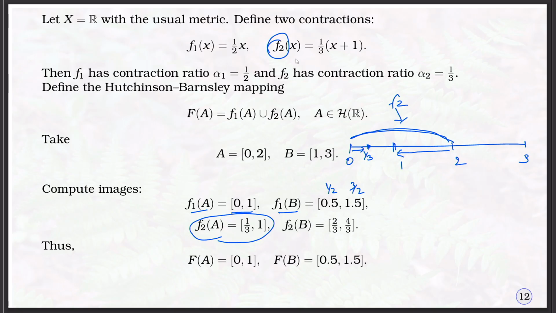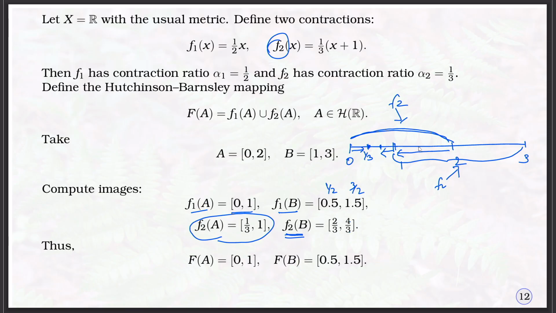Whereas, if you are applying the same mapping f2 on 1, 3, this interval, then f2 of B is 2 by 3 to 4 by 3. So, it maps the number 1 to 2 by 3 and 3 to 4 by 3.